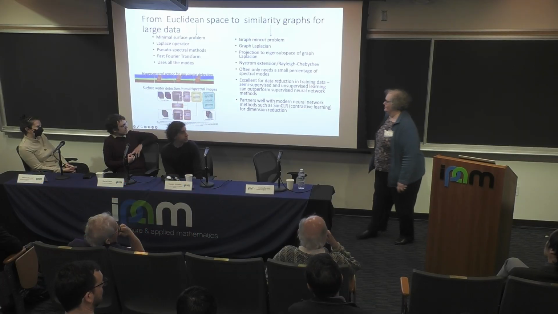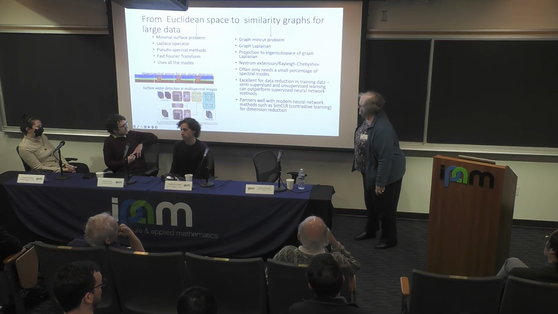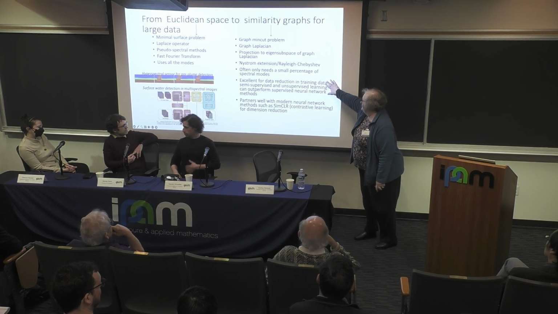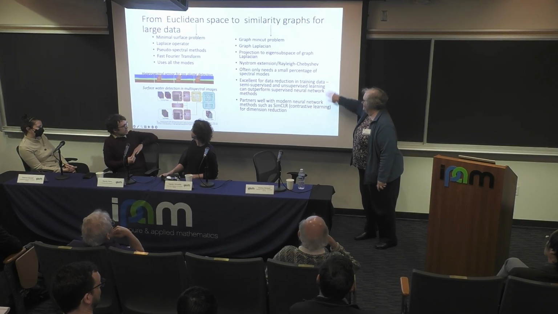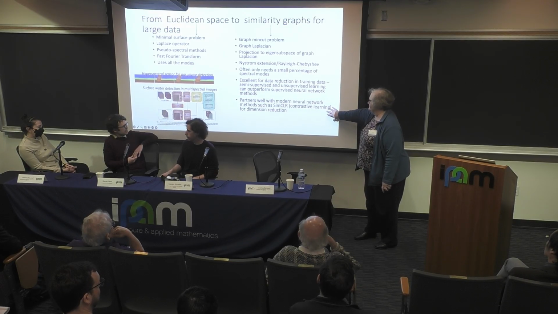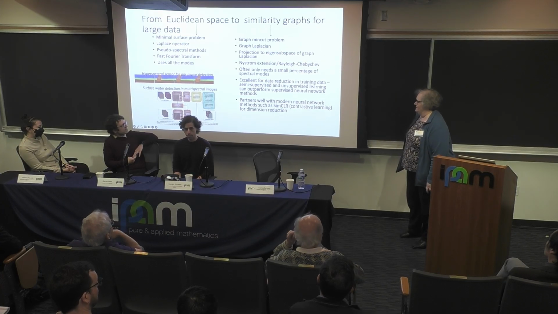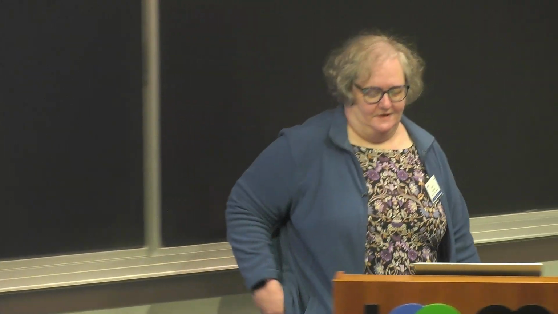Where it's difficult to go and make actual physical on-the-ground measurements. And the other thing is that these are mathematical ideas where you can prove a lot of theorems, but they also partner very well with modern neural network methods. One example that we've used recently in several papers is contrastive learning, SimCLR, for dimension reduction of the data.